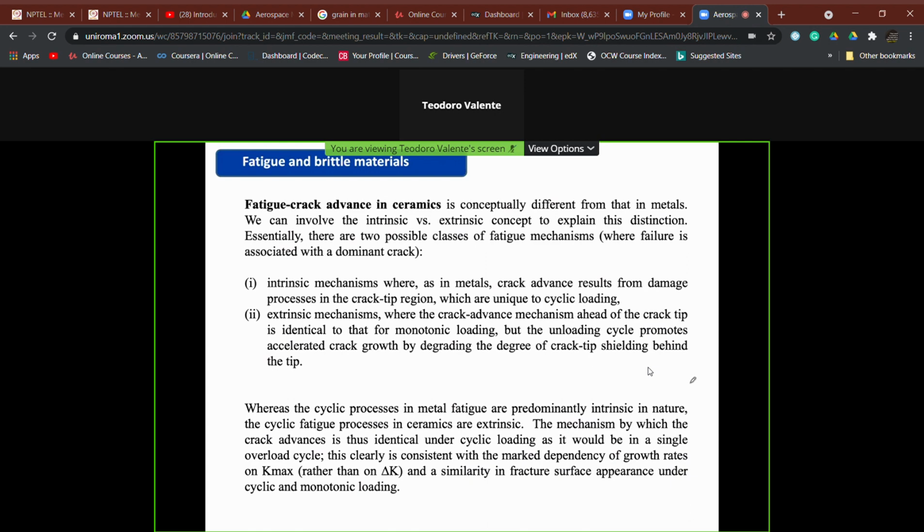We are talking about fatigue, not fracture mechanics, because remember that the general approach, that is the initial one, the linear elastic fracture mechanics models, were developed for brittle materials. Then we made some variations in order to use these models also in the case of small scale yielding, that is, a small elastoplastic behavior of the material itself.